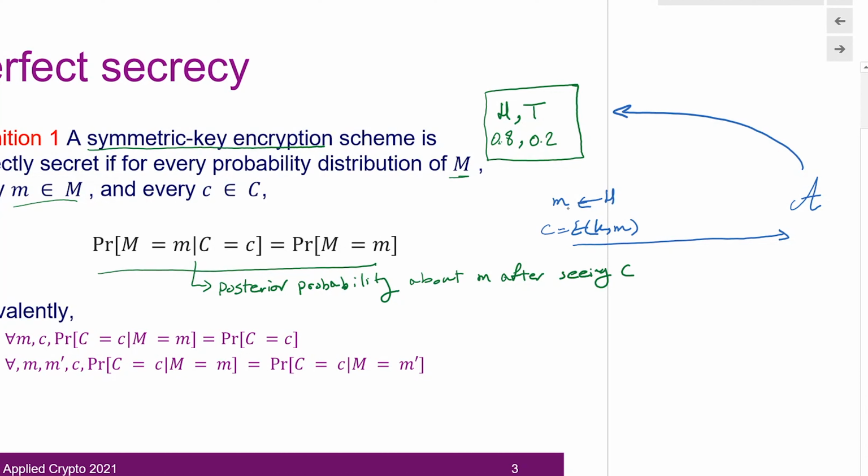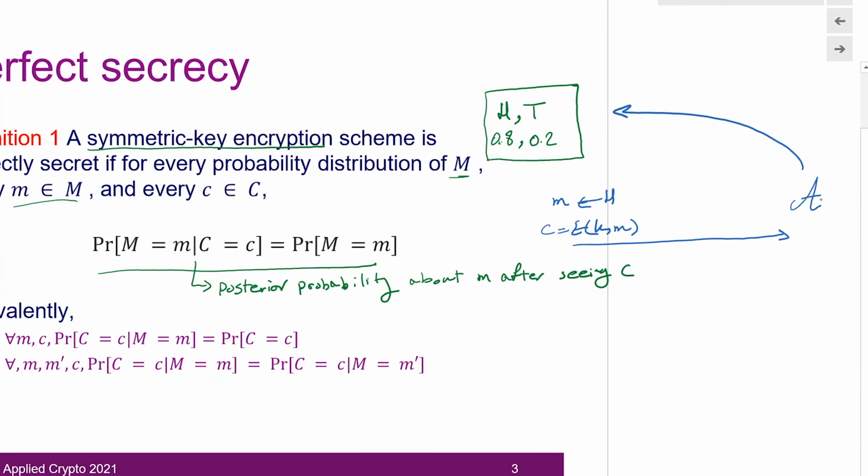Let's say I flip the coin and I get heads or tails. I call it message M. So let message M be either the head or the tail that I just got. And then I use whatever perfectly secure algorithm it is, encrypt that M, and give this ciphertext to the adversary. Now the adversary has this ciphertext of some message that could be either head or tail.